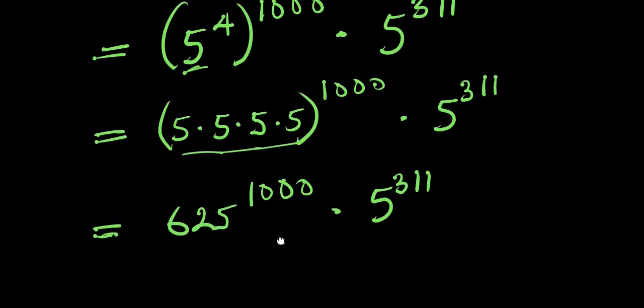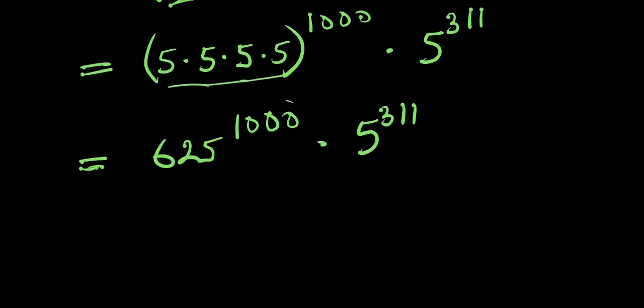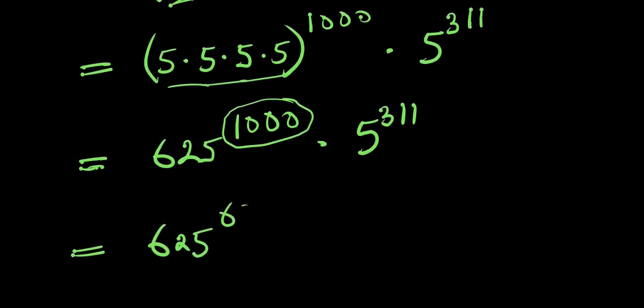Now, we can also split this 1000 as the summation of 689 and 311. So we have this equals 625 to the power of 689 plus 311 times 5 power 311. So we have 311 here and we have 311 here.